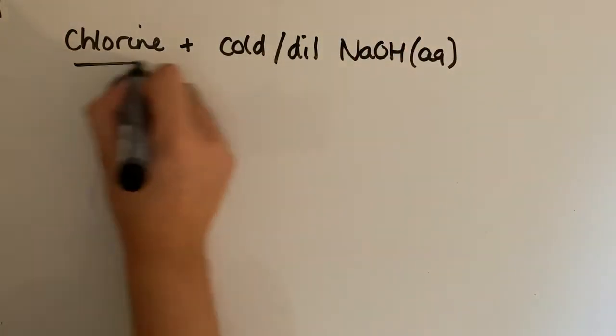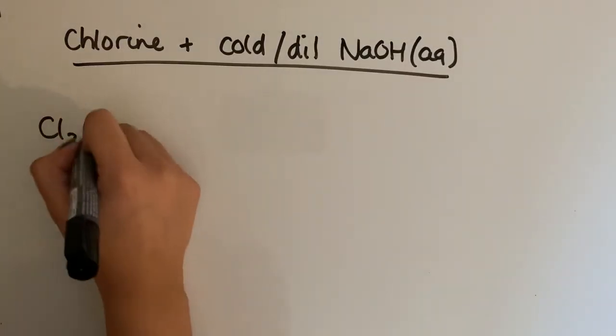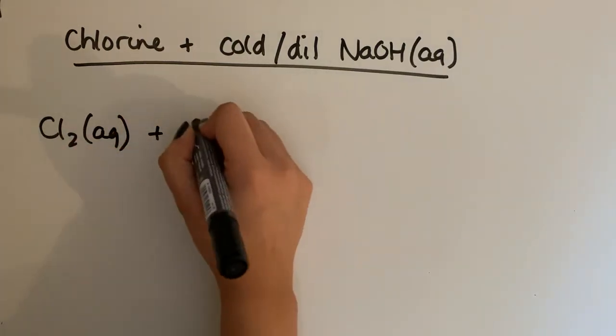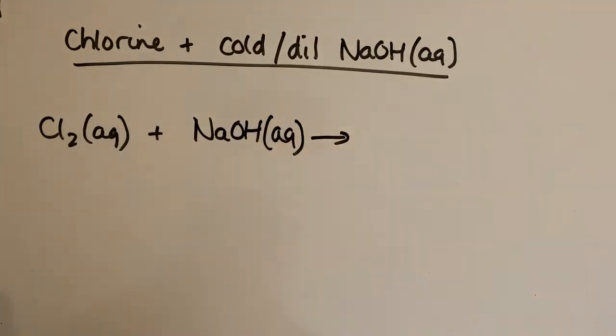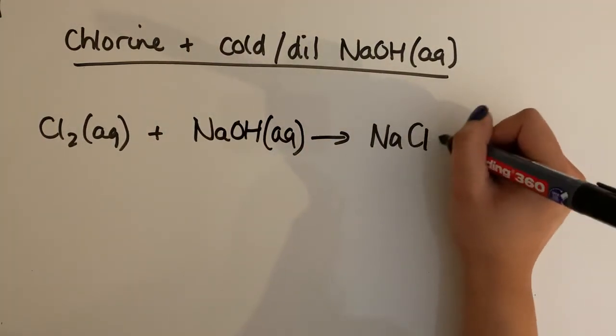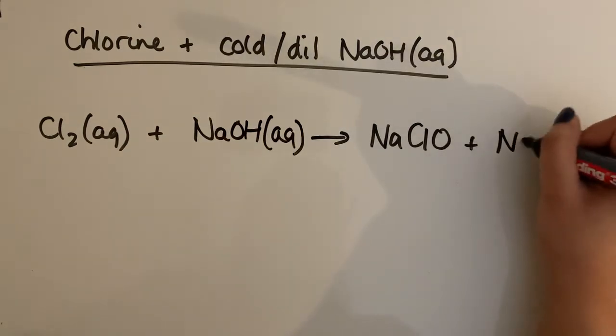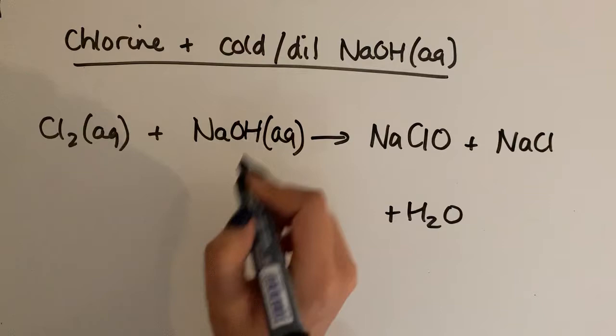The cold and dilute is important here because if it's not, another reaction can occur. So let's do chlorine in these. So sodium hydroxide, that's aqueous. This is going to form sodium chlorate, sodium chloride, and I'll just write down water as well, just to balance that.